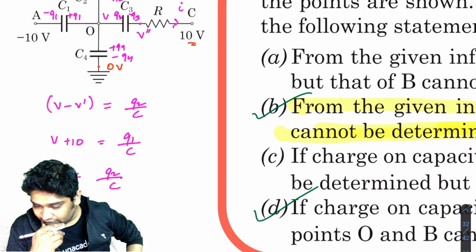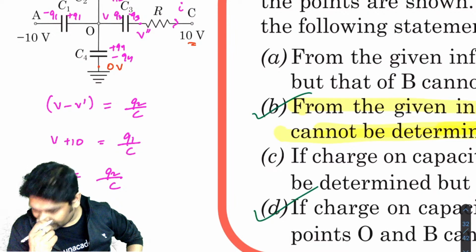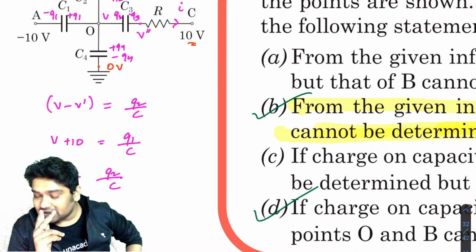So one equation I would have gotten there: Q1 plus Q2 plus Q3 plus Q4 would be zero.